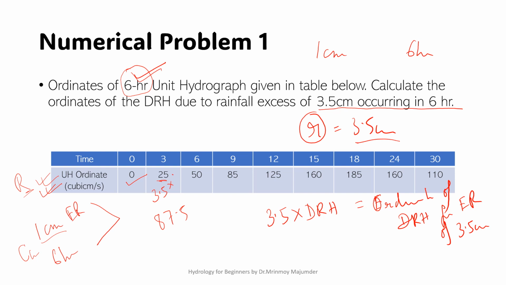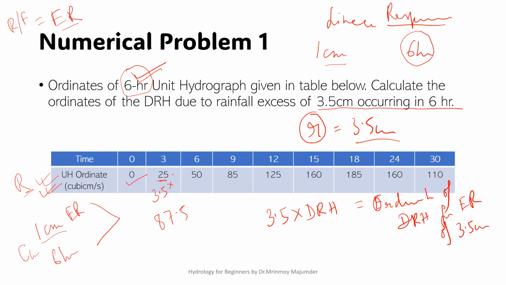So if I use the calculator, what is coming? Just multiply 3.5 with the ordinates of unit hydrograph, because we assume linear response for unit hydrograph. Only thing is that you see whether the duration of this 1 centimeter of rainfall matches with the duration of this 3.5 centimeter rainfall. Whenever I am talking about rainfall, it is actually excess rainfall.